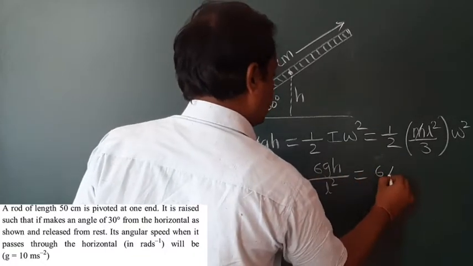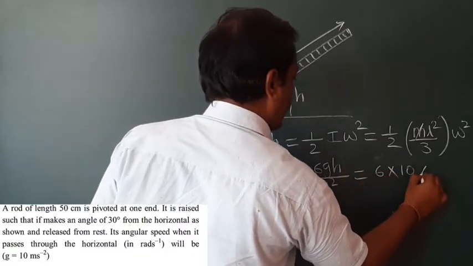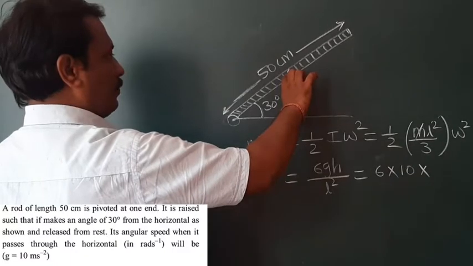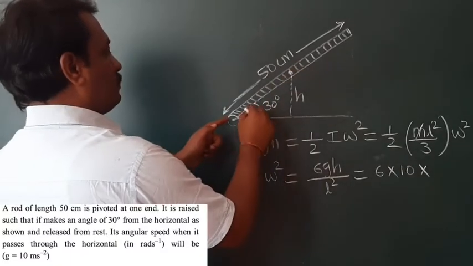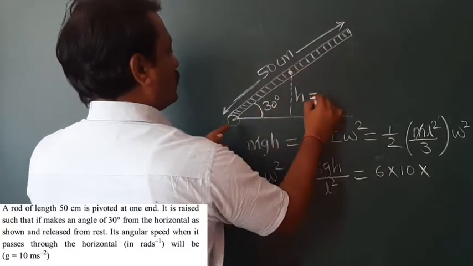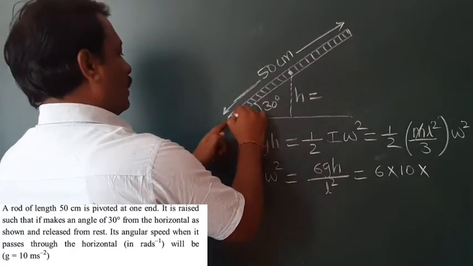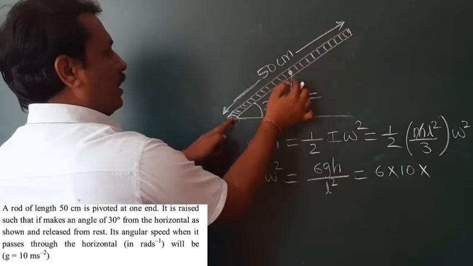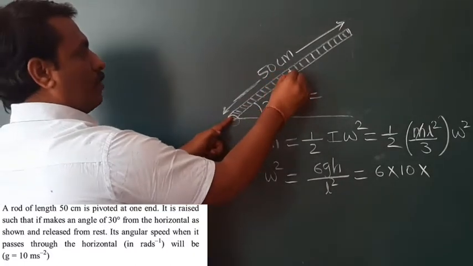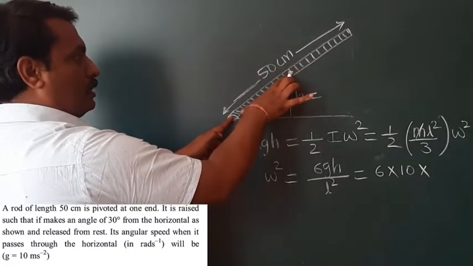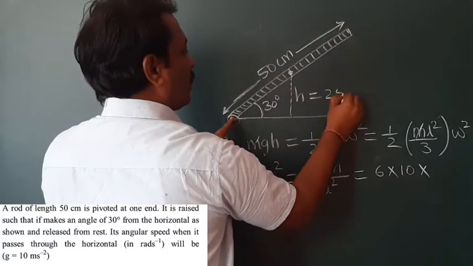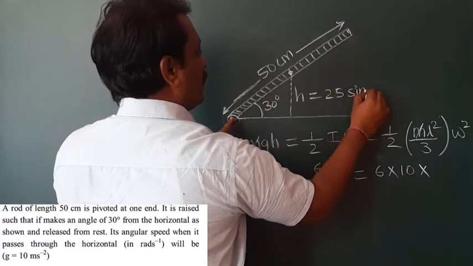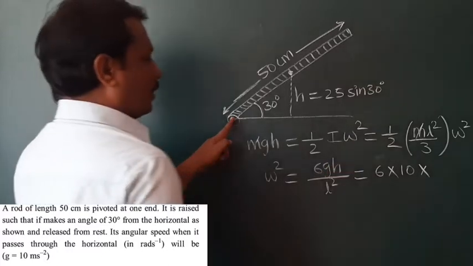Here 6, g value is 10, and this height h is, from here to here, 25 centimeter. Total length is 50, so the center of mass is at the midpoint, therefore this is 25, and we can write 25 sine 30 degree.